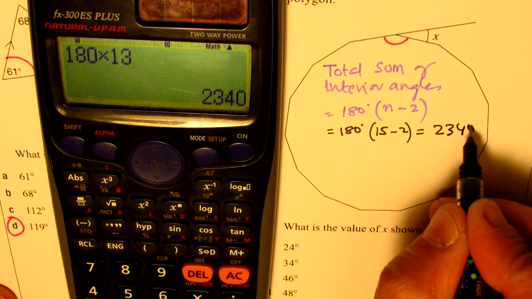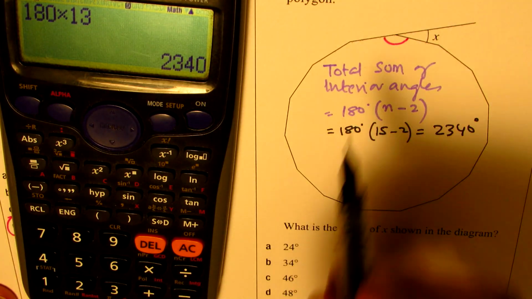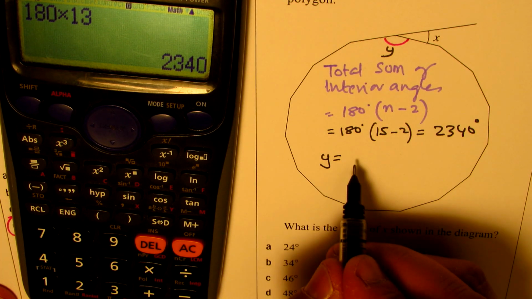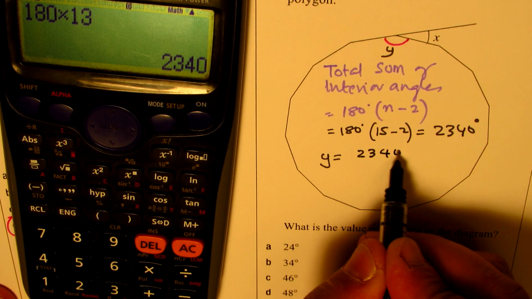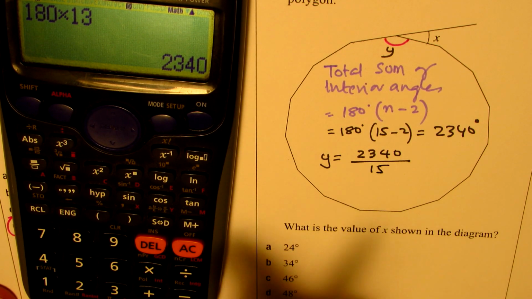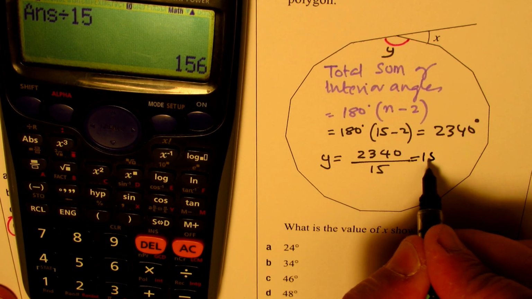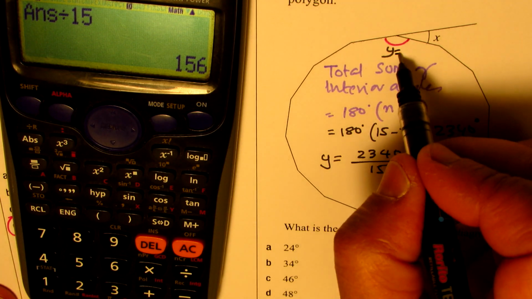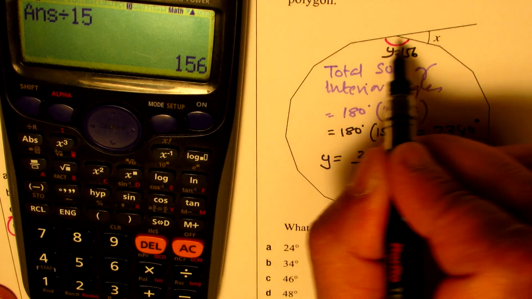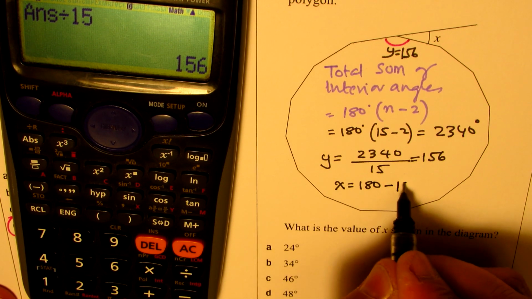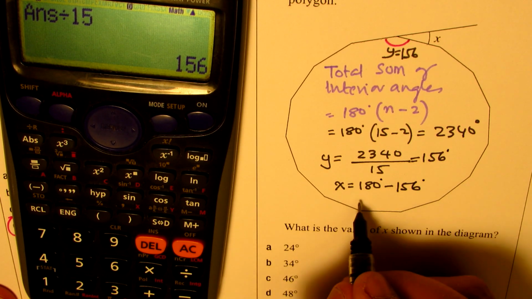That gives us 2340 degrees. Now, let's call this angle y, right? So the value of y will be equal to 2340 divided by 15, and that gives us 156. So this y is 156. That is a straight line, so x is 180 minus 156 in degrees, correct?